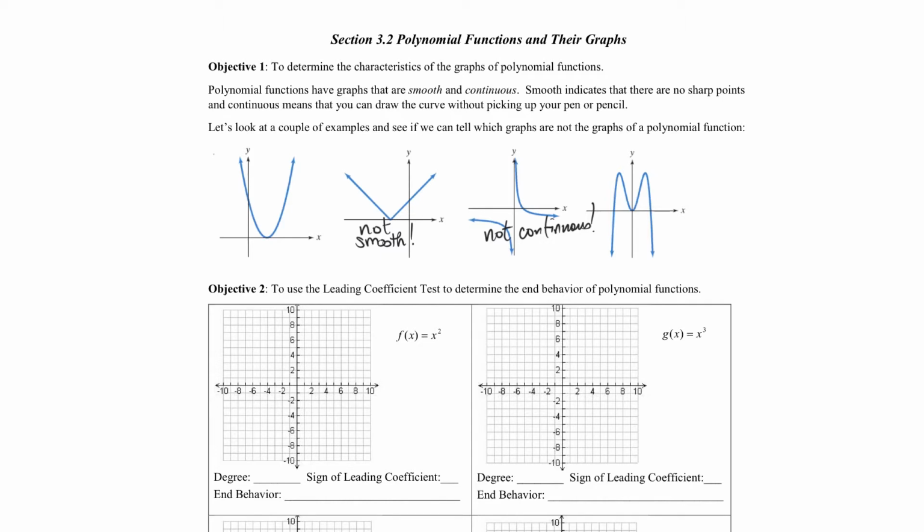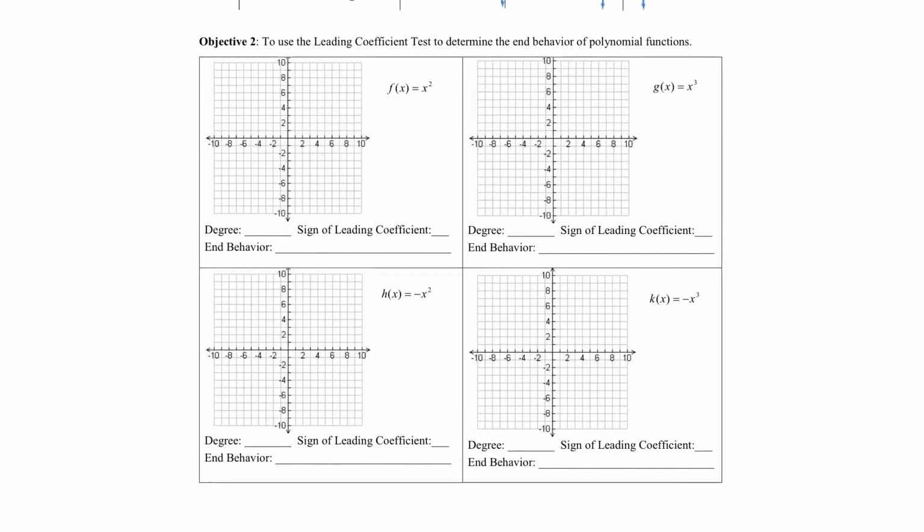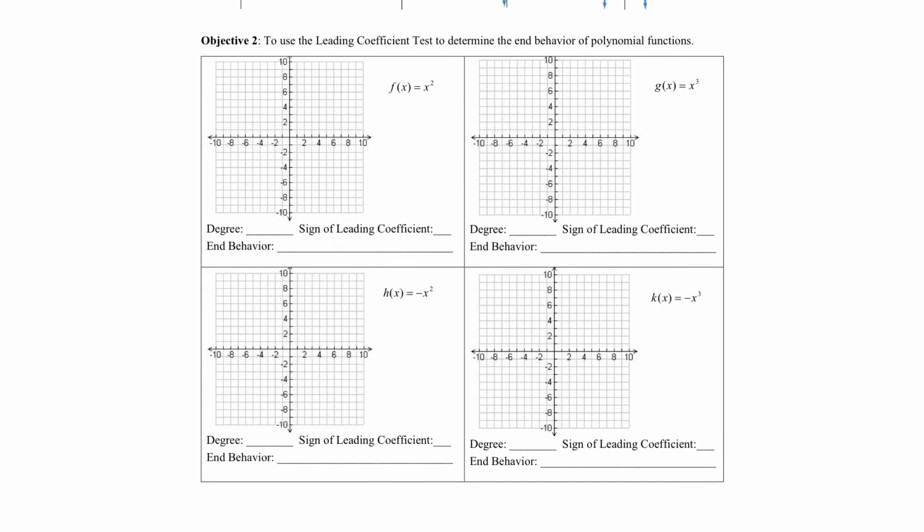Now, the second objective is to use the leading coefficient test to determine the end behavior of polynomial functions. In order to introduce the idea of end behavior, I have two of our parent functions, the quadratic and the cubic. First we're going to sketch the graphs of the quadratic and the cubic, and then see what we notice about the behavior of the function.